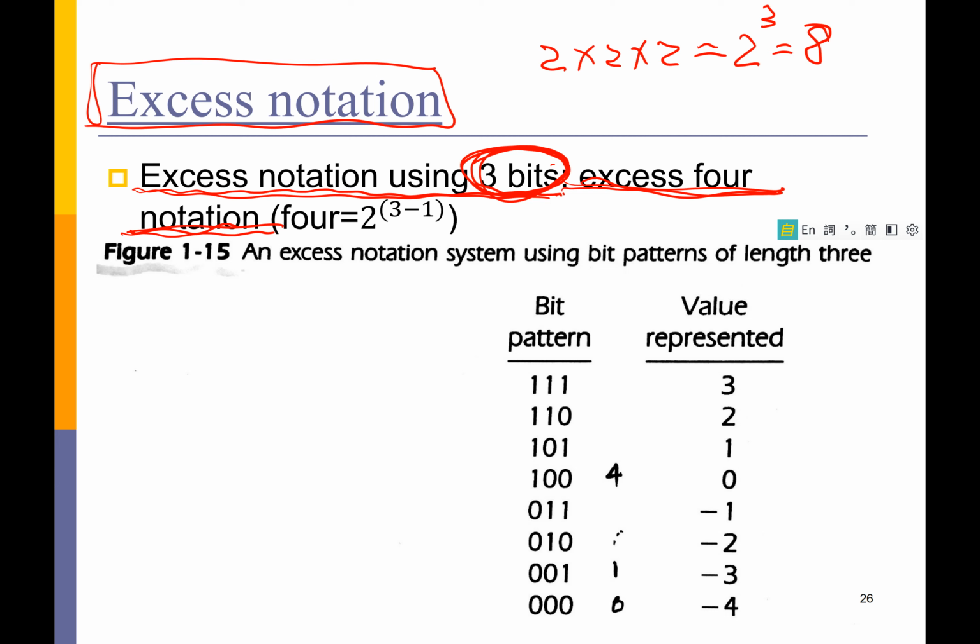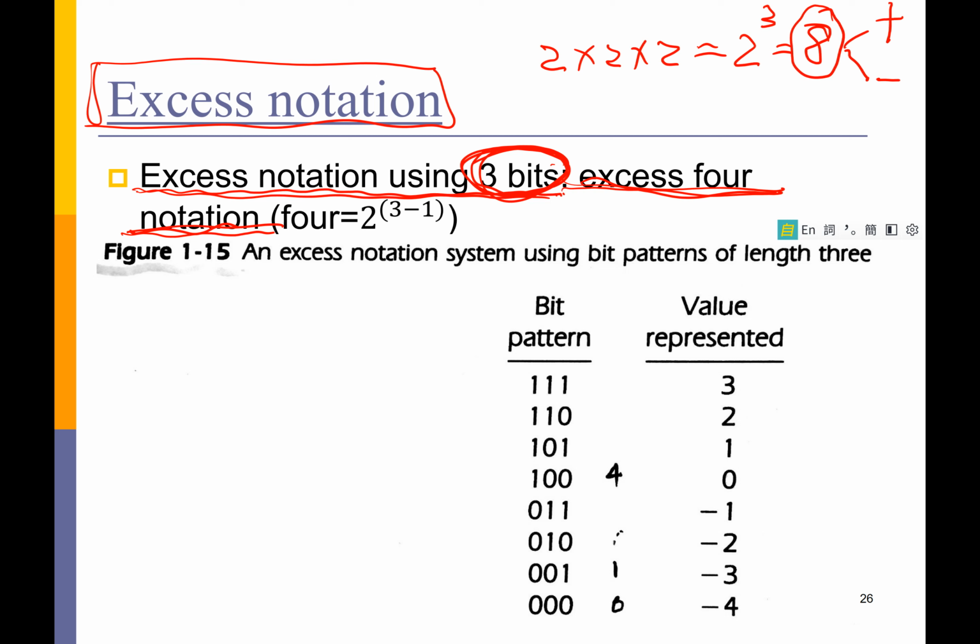Now, among these 8, what will you need to do? You will compose positive numbers and negative numbers. You should not design a system, at least for now, that can only manipulate positive numbers and a 0.